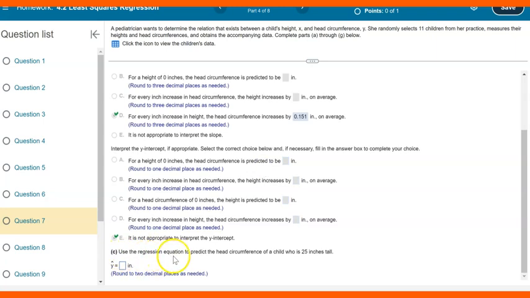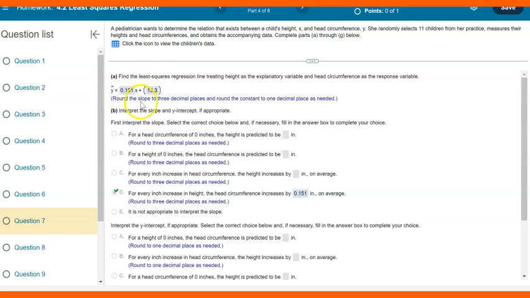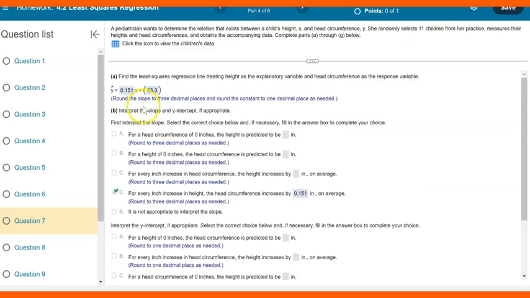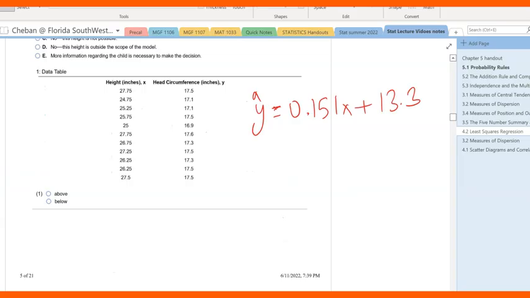Use the regression equation to predict the head circumference of a child who is 25 inches tall. Okay, the question is asking to find y hat, which is the predicted value, using this equation. For that equation you use x equals 25 because this is the height, and solve for y hat. Let me do that for you.